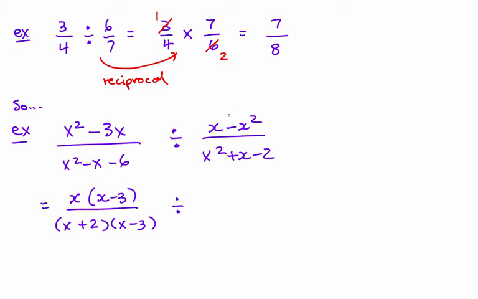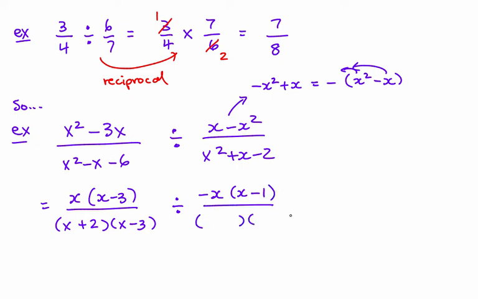To factor this one, I would think about this as negative x squared plus x, and then take out a negative sign, so you get the x term first. Then there's a common factor of x, so you really have a negative x because you take out this x, and left over would be x minus 1. And then on the denominator, two numbers that multiply to negative 2 that add to plus 1 are plus 2 and minus 1.